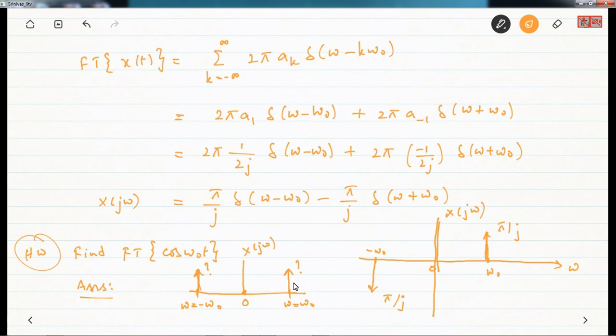So these heights should be equal to pi. This should be equal to pi, this should be equal to pi. So this is a homework problem for you. Next, we'll do one more example of finding the Fourier transform of periodic signals, and then we will move on to the properties of Fourier transforms, right?